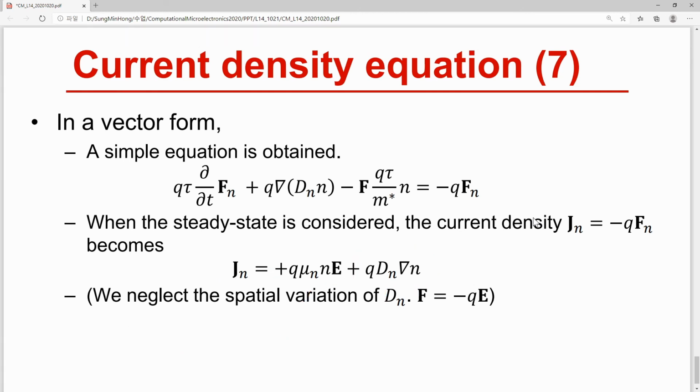Okay, so this is the end of our discussion about deriving the two equations in the drift diffusion scheme. In the next lecture, we will try to implement it and solve it by our numerical means. Thank you and see you.